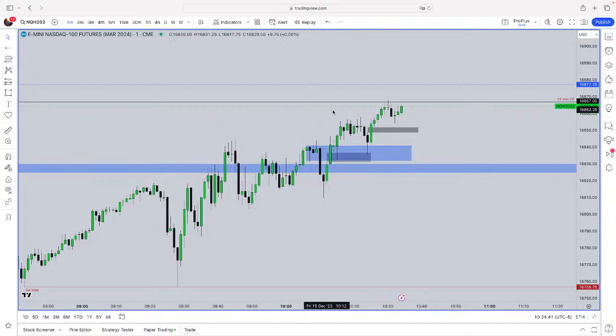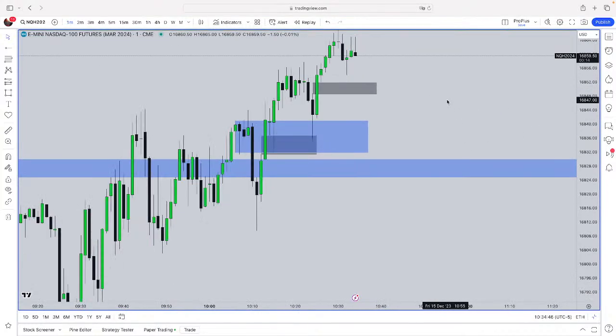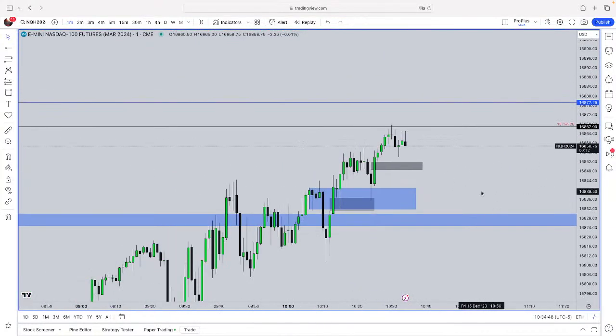But yeah, look how it is respecting the consequent encroachment here, and it's just pulling down lower. So that's why you always want to make sure you take partials.